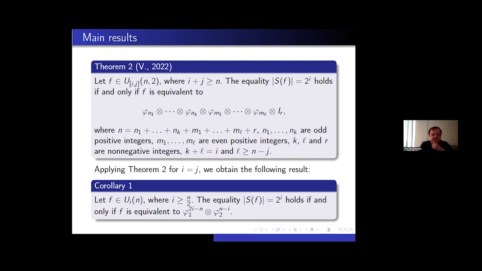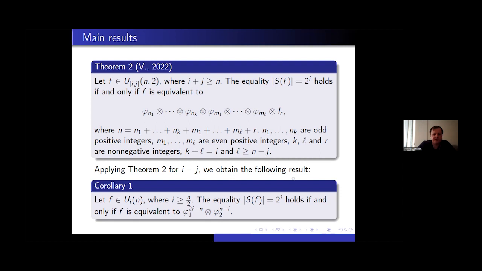In this case, we have the following result: let F belong to the space U_i of n, and i is greater than or equal to n over 2. Then the support size of F is 2 to the power i if and only if F is equivalent to the following tensor product.